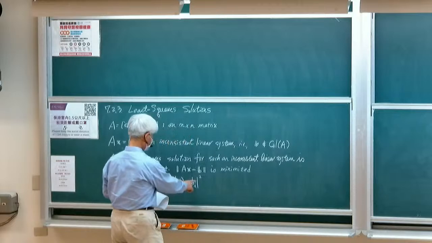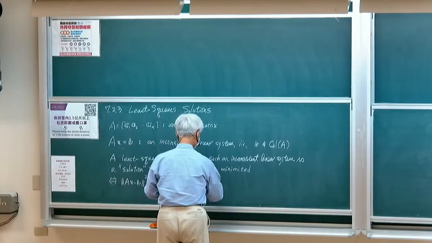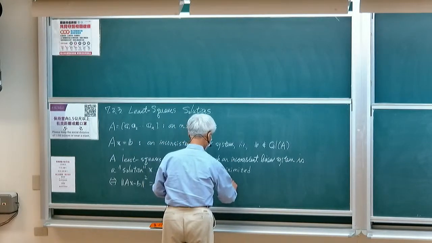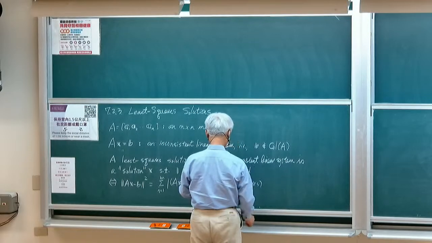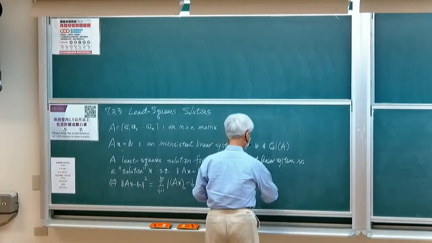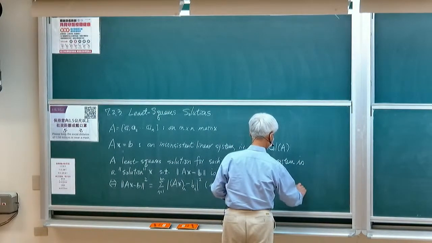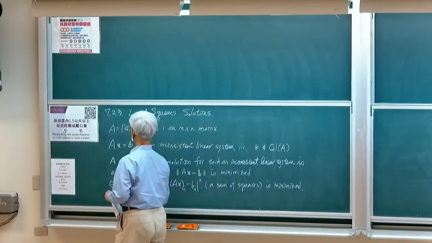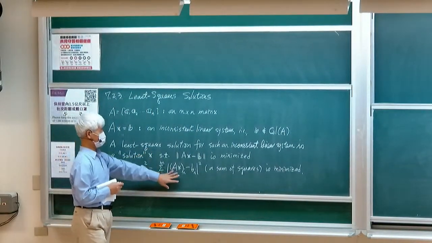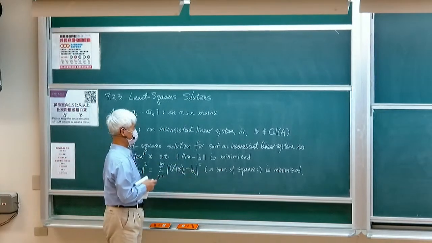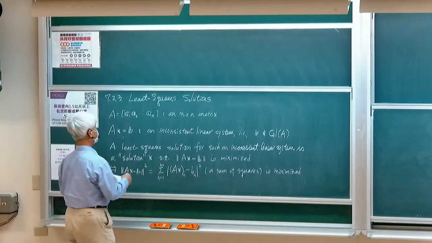Look at here. This is actually a sum of squares, and this sum of squares is minimized. So this explains why this solution is called least square, because we talk about minimizing a sum of squares like that.